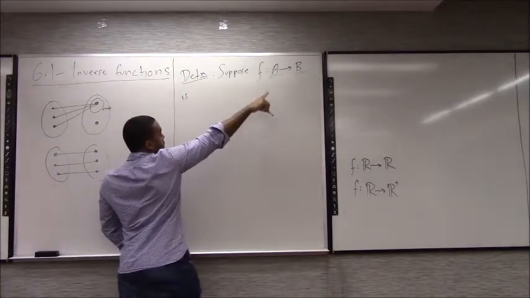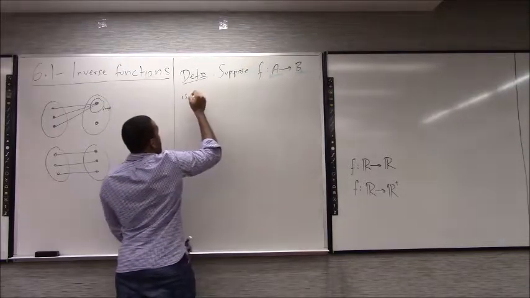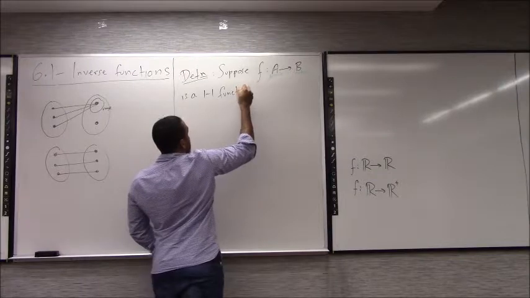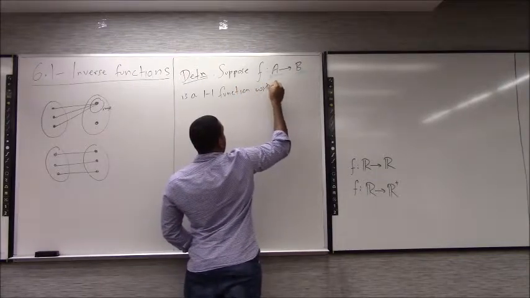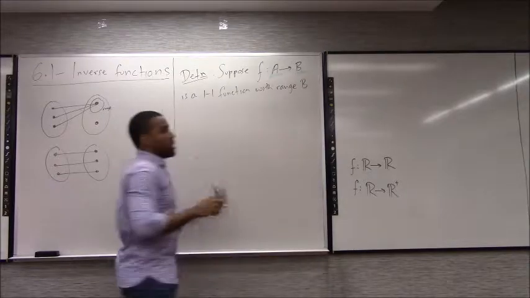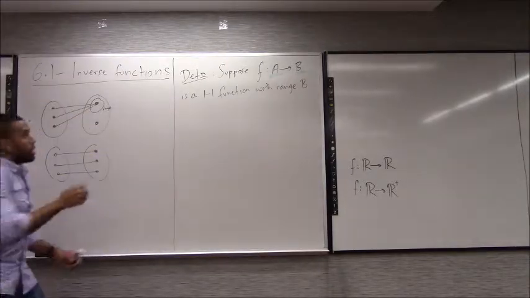Suppose this function that goes from this domain to that codomain is a 1-to-1 function with range B, meaning everyone in the set is assigned.